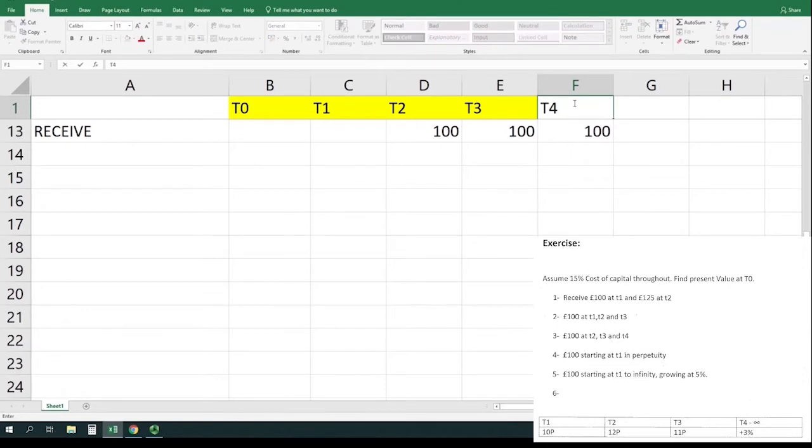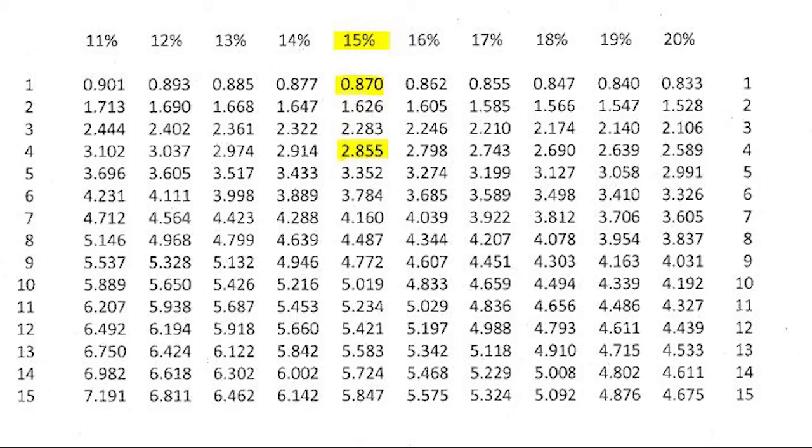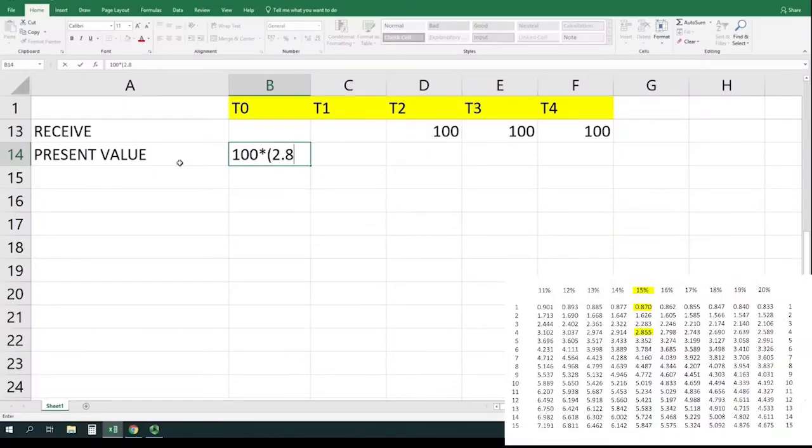So the present value should be £100 multiplied with... Let's look at the annuity table, because we are receiving the same amount every year. 15% for 4 years, we get 2.855. So we multiply that with 2.855.